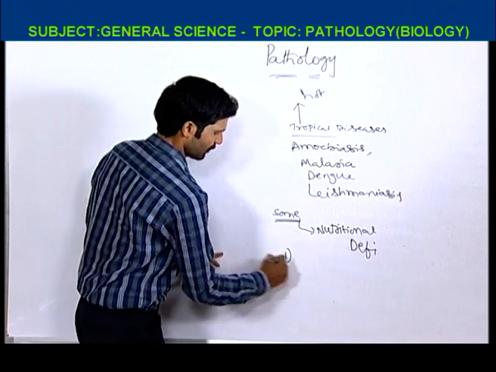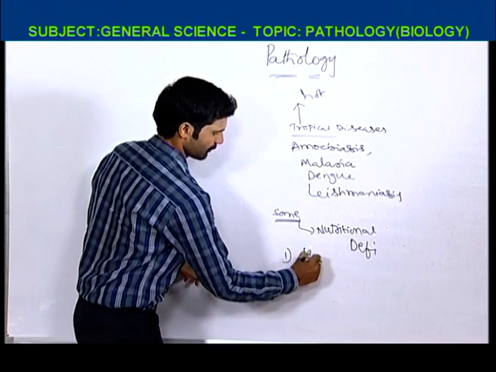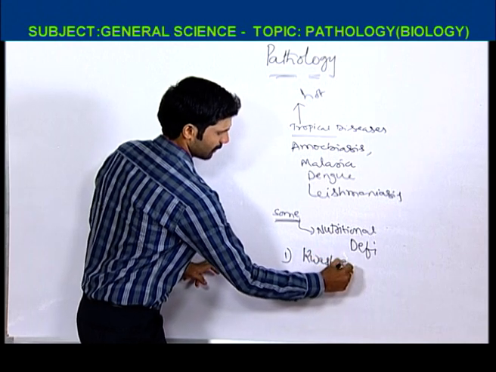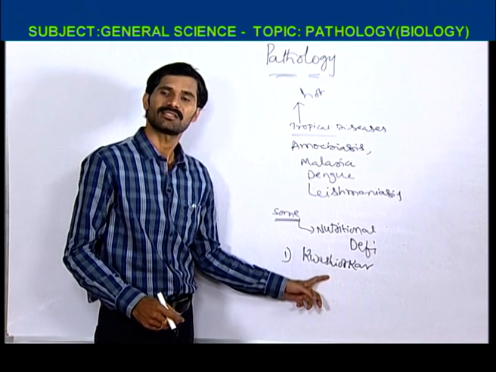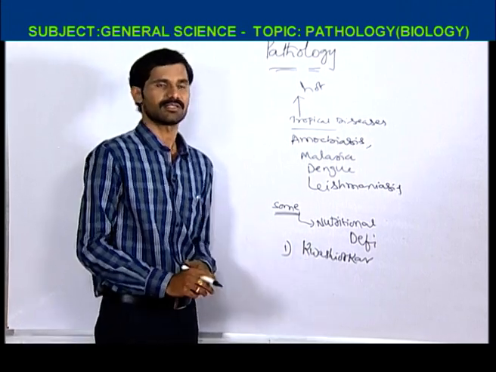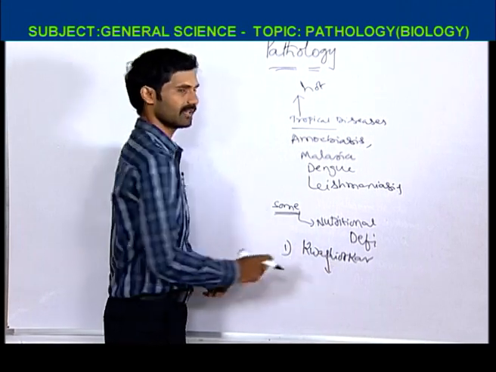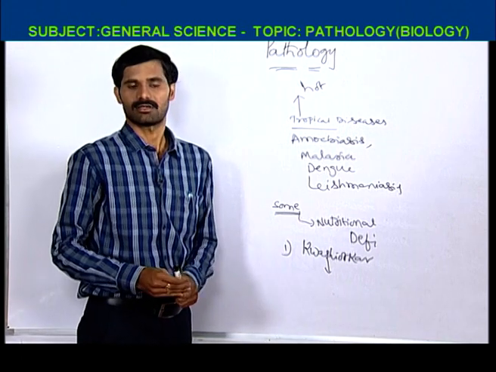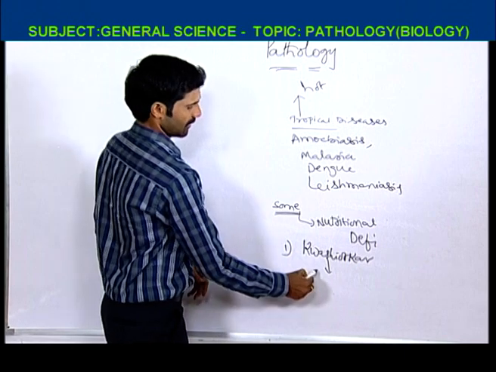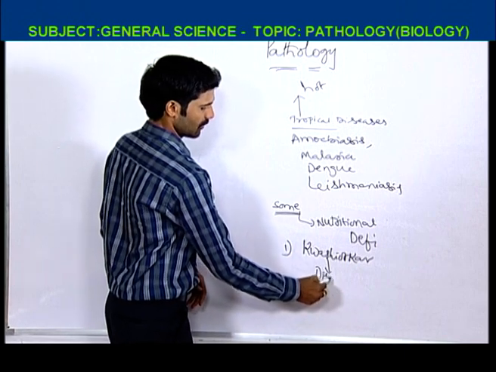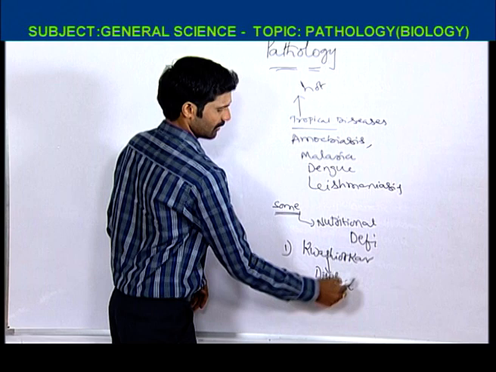For example, kwashiorkor, a protein deficiency disease, named in an African language. This one is considered a displaced child. Kwashiorkor is also known as the displaced child.